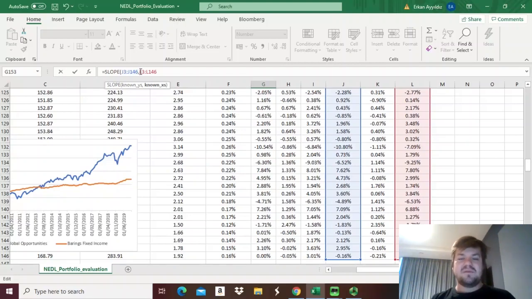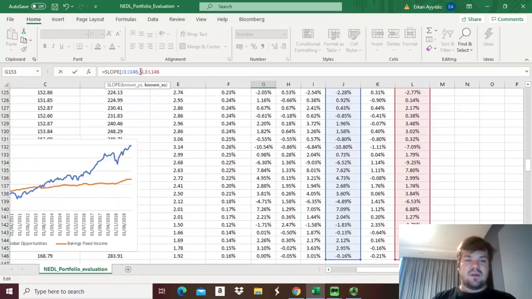If the benchmark moves up by 1%, the portfolio will go up by beta percent. If the benchmark goes down by 1%, then the portfolio will go down by beta percent. That's the logic of beta.